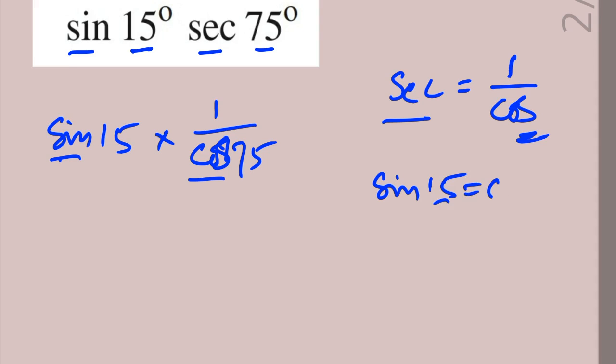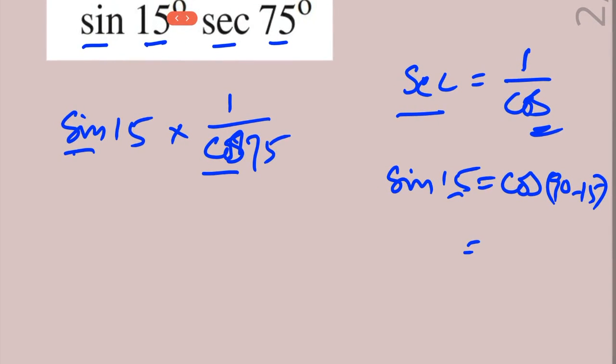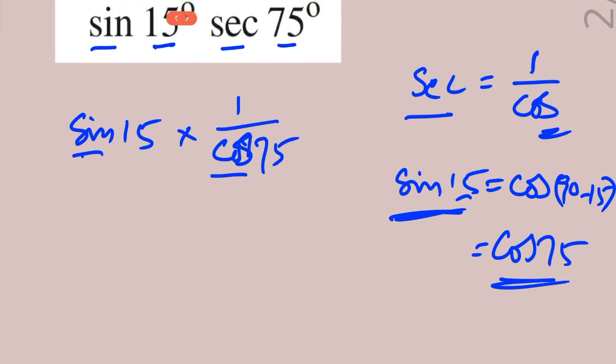Sine's complement is cos, so I'll write cos 90 minus 15. Cos 90 minus 15 is what? Cos 75. That means sine 15's value is finally cos 75.